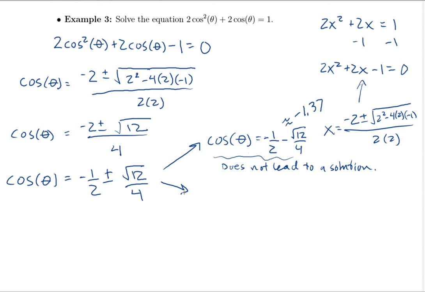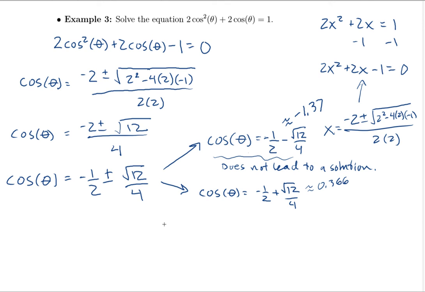This other one, however, cosine of theta is equal to -1/2 plus the square root of 12 over 4. That is okay. -1/2 plus the square root of 12 over 4 gives you about 0.366. So that one's okay. That's between -1 and 1.